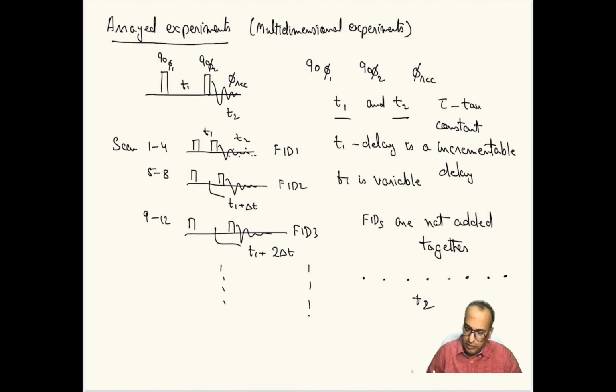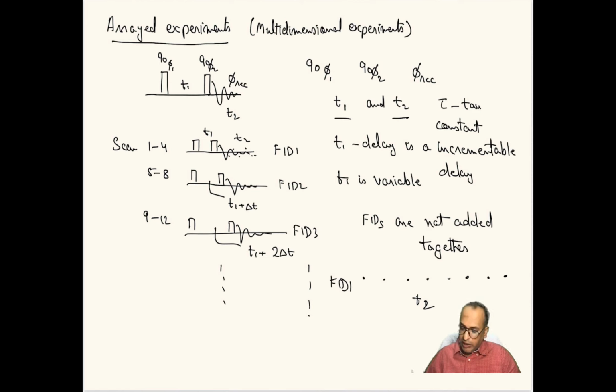T2 is this time over here, and this is FID1. So FID1 after digitization can be represented as a series of numbers which are nothing but a function of t2 in some form, some cosine or sine function of t2.